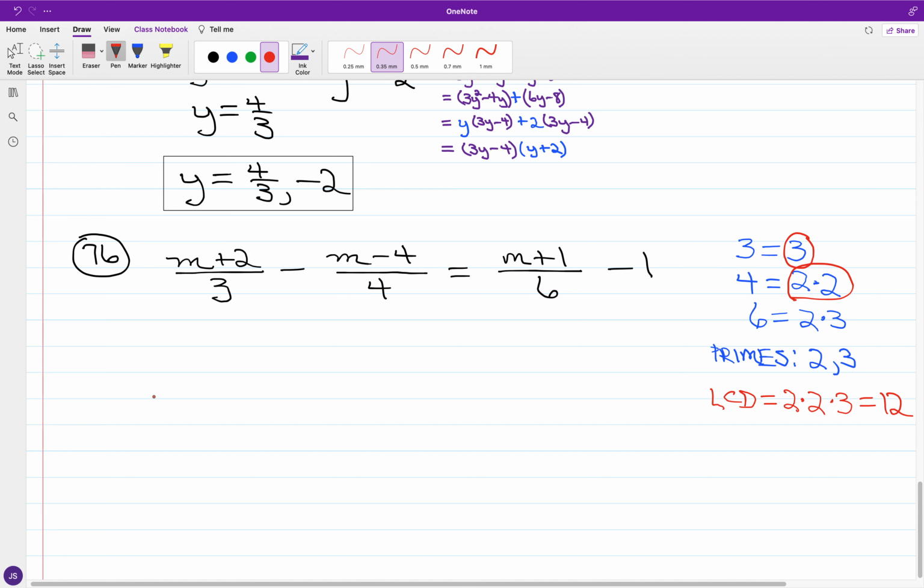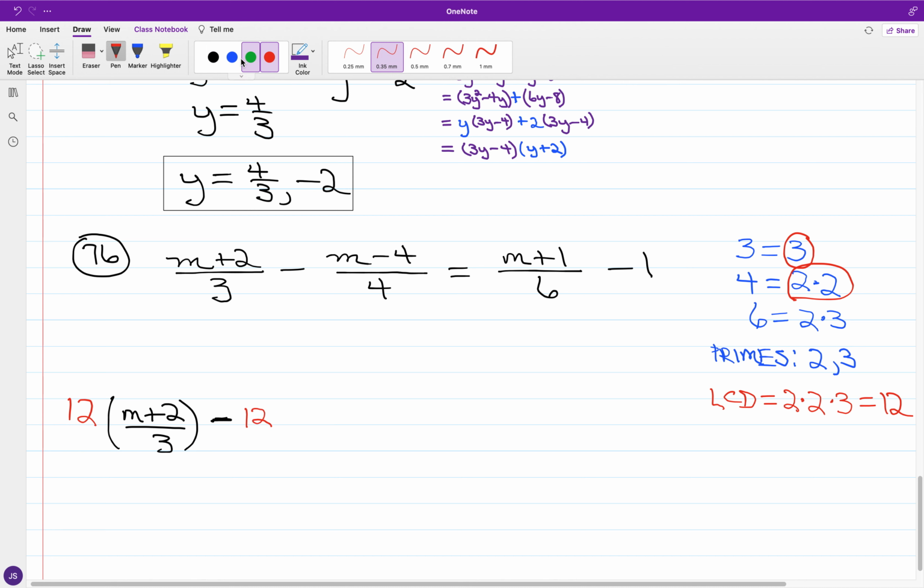Looking at distributing what we have here, you got 12 times the quantity of m plus 2 all over 3. I can bring down the subtraction here.